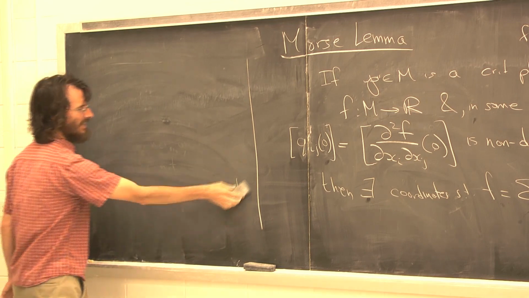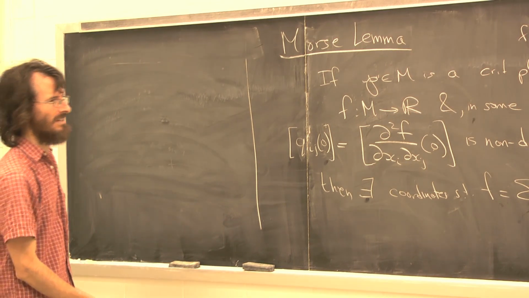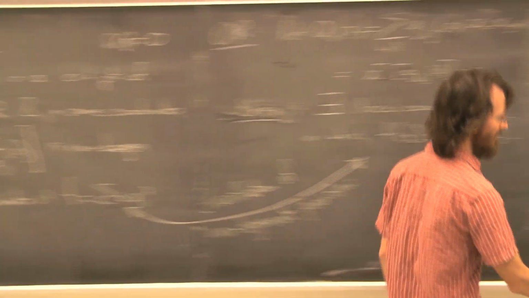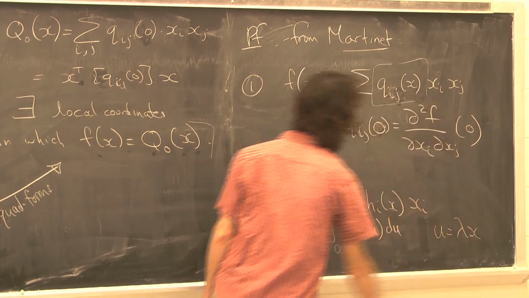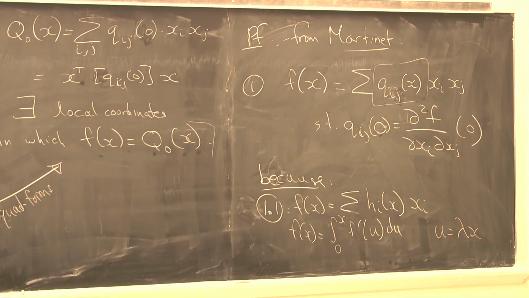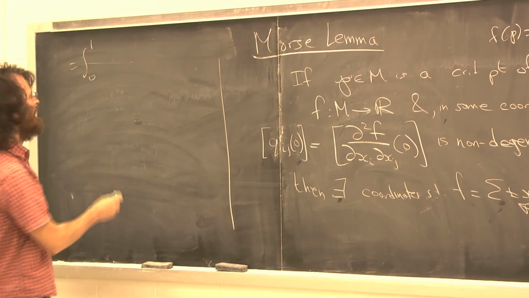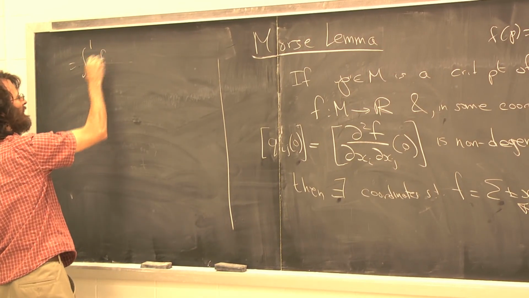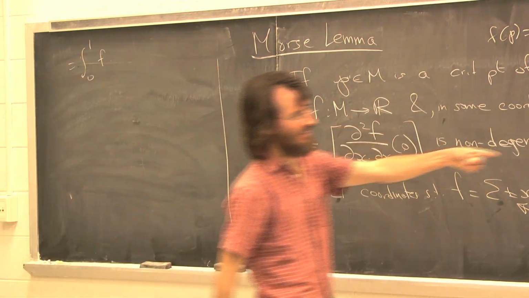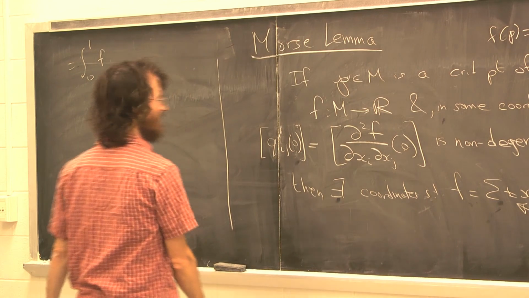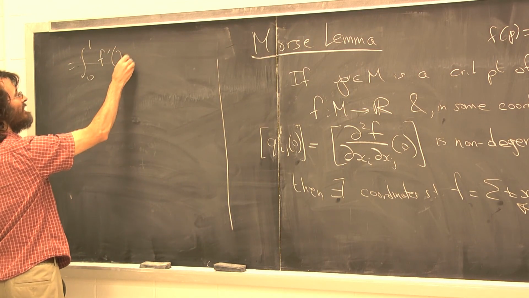Then you want to reparameterize that from 0 to 1, so you make a change of variables u equals lambda x. When lambda goes from 0 to 1, u goes from 0 to x, so this becomes f prime of lambda x.